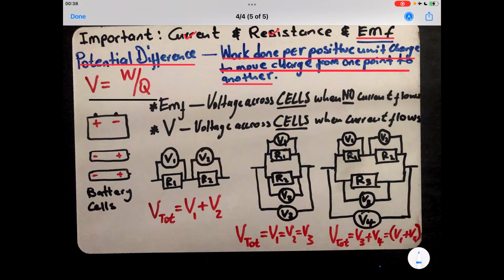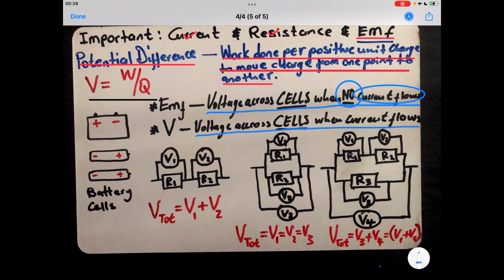The EMF refers to the voltage across cells when no current is flowing. Then let's compare it with the V. The V refers to voltage across cells when current is flowing. Can you see?